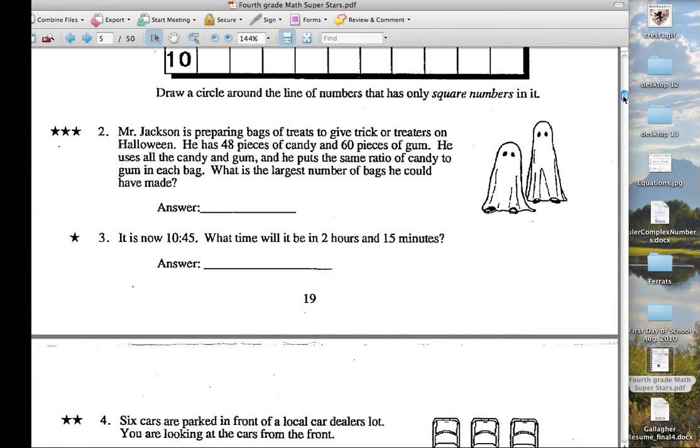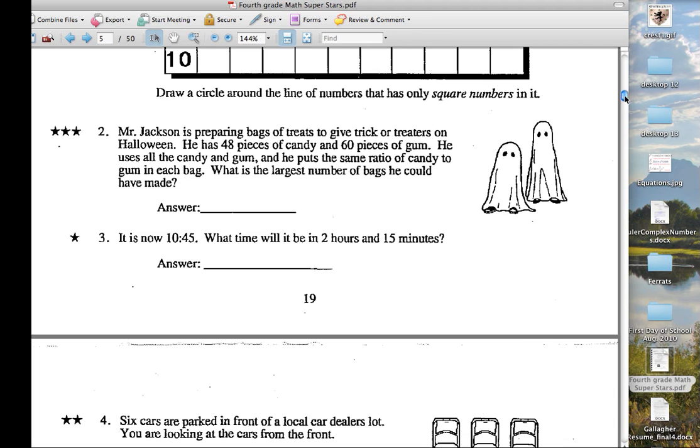Second problem. Mr. Jackson is preparing bags of treats to give trick-or-treaters on Halloween. He has 48 pieces of candy and 60 pieces of gum. He uses all the candy and gum and puts the same ratio of candy and gum in each bag. What is the largest number of bags he could have made?